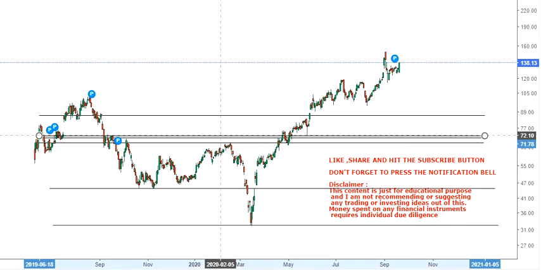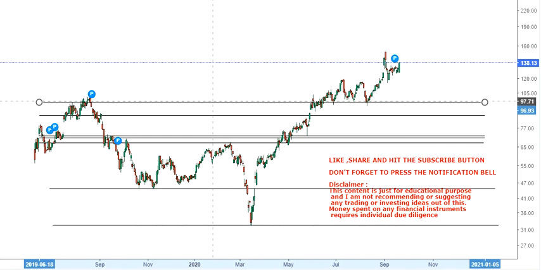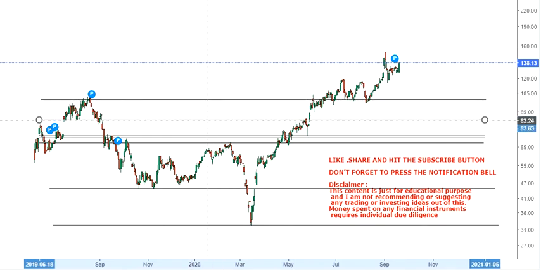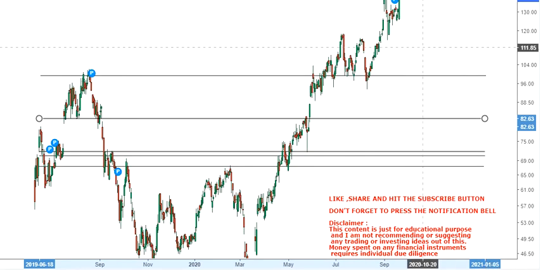Now if you look forward, then you have this range. You have this one because there is a gap, so we can consider it as a support and resistance level.